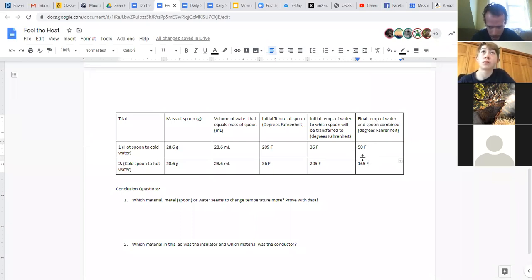They become this temperature. So we're going to leave area out of it. We're going to say that the mass of the spoon and the amount of the water is identical.